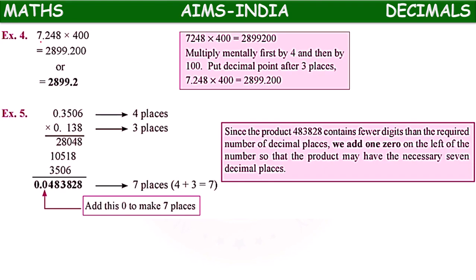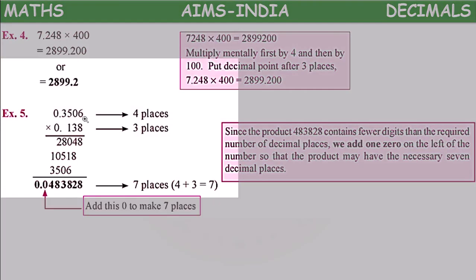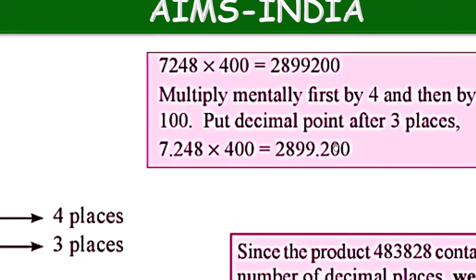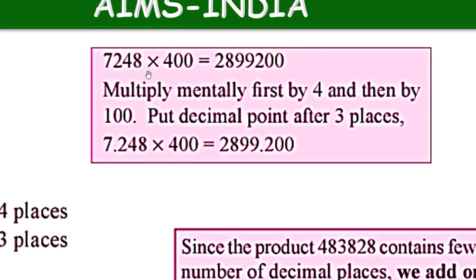Next, 7.248 into 400. So how to multiply with 400? First we will multiply with 4. 28992 is coming. Next, how many zeros are in the multiplier?